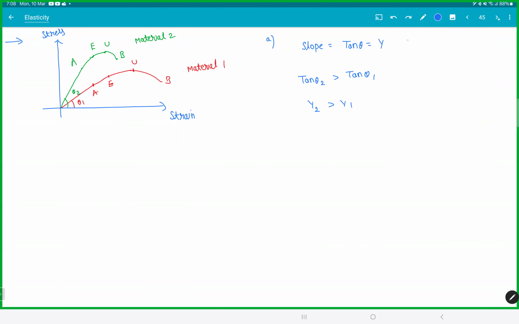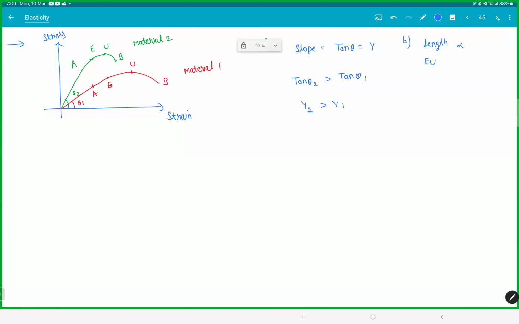So the second question is: the length EU is proportional to ductility. You can clearly see here material 2 is better to make wires. That is one standard question they can ask you.